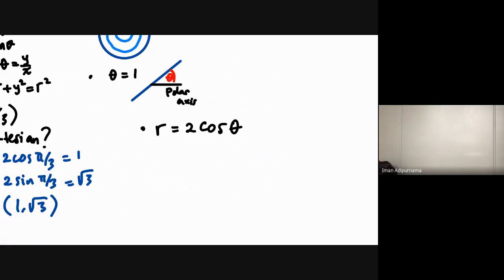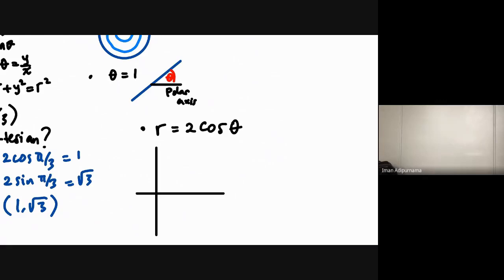Anyway, you can start by trying the special angles that you can imagine. Like when theta is 0, it's 1, right? And then maybe theta is pi over 4, it's square root of 2 over 2, right? Or you can draw the line. Okay, I will draw the line, but remember, the line is not xy.